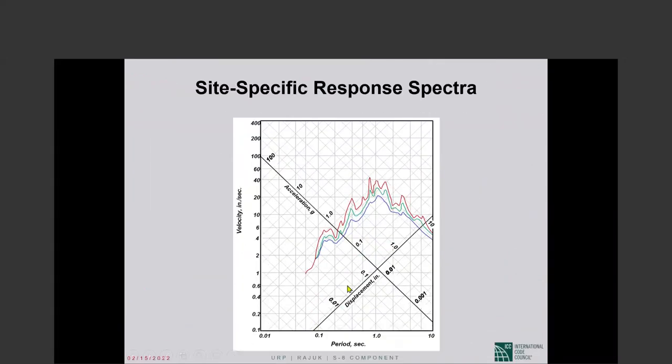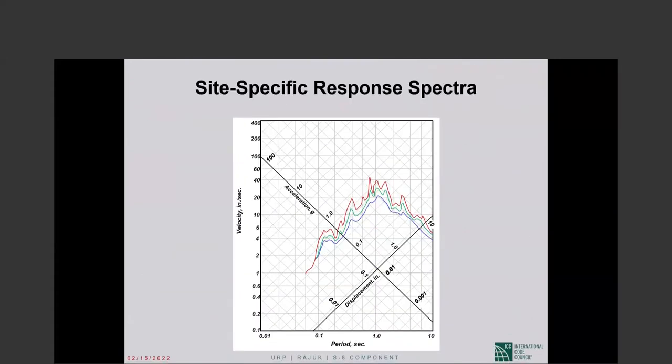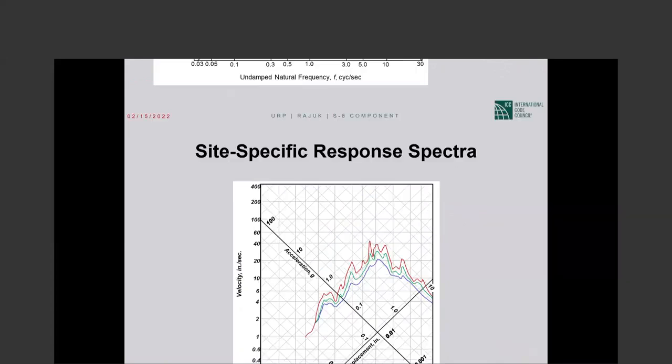Now this is the displacement scale because period, not frequency, is on the x-axis, and this diagonal is the acceleration scale. I hope you see what I'm pointing to. Anyway, this plot is not very different from the previous plot, except we have only 3 amounts of damping, and I have period on the x-axis, not the frequency.